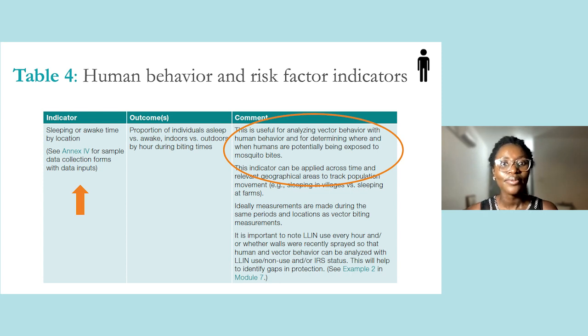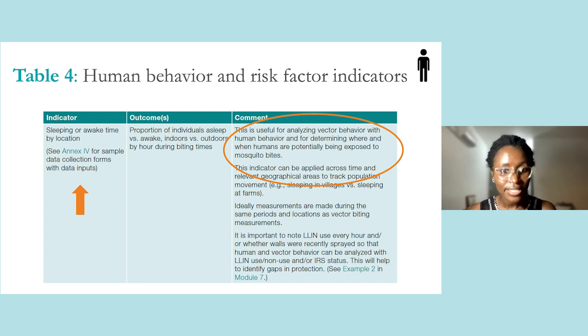Indicators in this table include parasite importation risk, identified malaria risk factors, adjusted human biting rate, and as seen here, sleeping or awake time by location. This refers to the proportion of individuals asleep versus awake, and indoors versus outside by each hour during biting times.